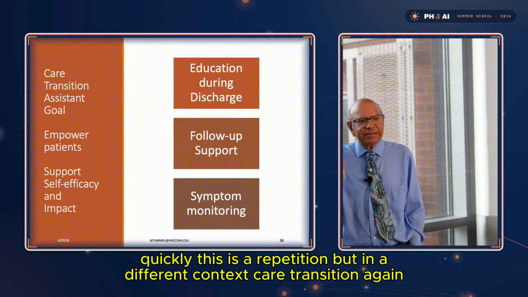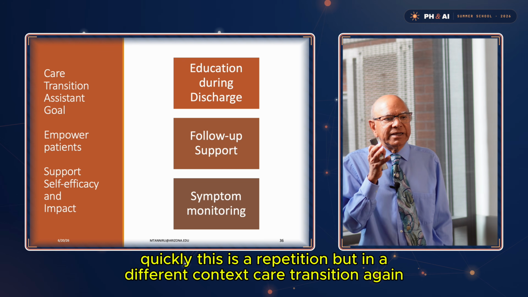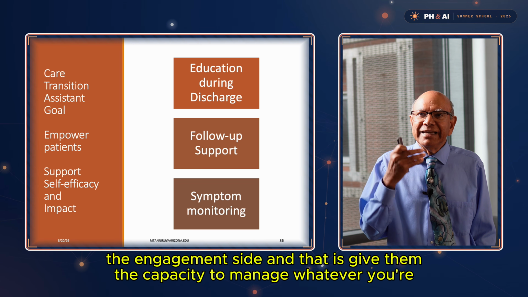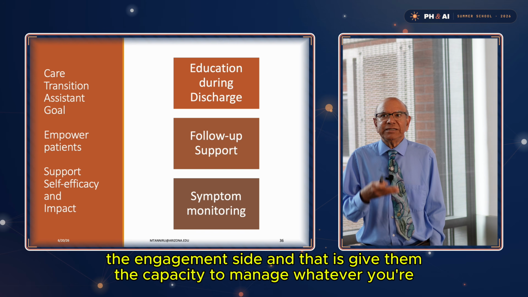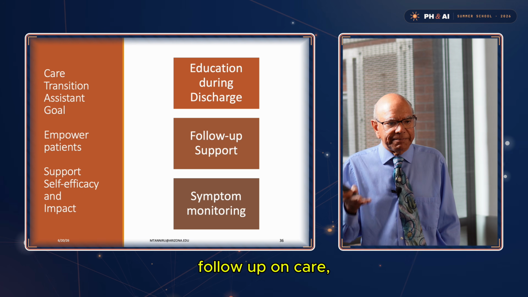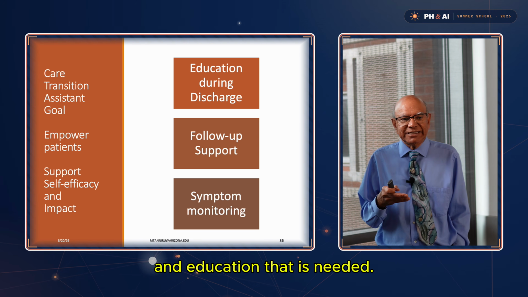And quickly, this is a repetition but in a different context, care transition. Again, care transition is more about empowering patients on the engagement side, and that is giving them the capacity to manage whatever you're asking them to do, like manage symptoms, follow up on care, and education that is needed.